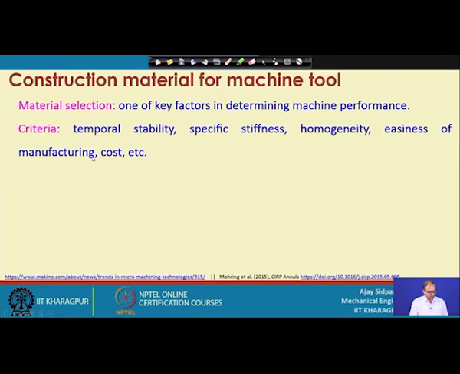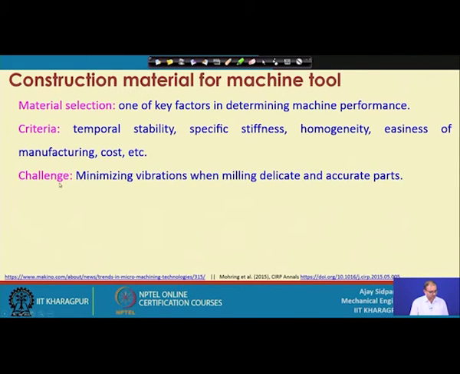Ease of manufacturing, because we will see some constructions where you have to make a very big casting, and you have to take care of the different slots, and provide some type of ribs to reduce the weight. And finally the cost, because the more stable the material, the more will be the cost and the more difficult it is to process. So, you have to also take care of cost and manufacturing aspects when selecting any material for making a machine tool structure.